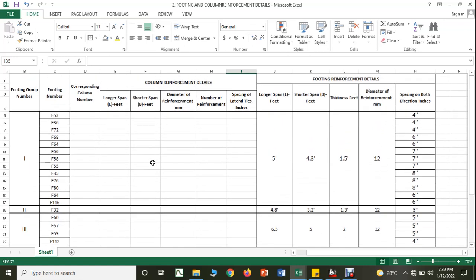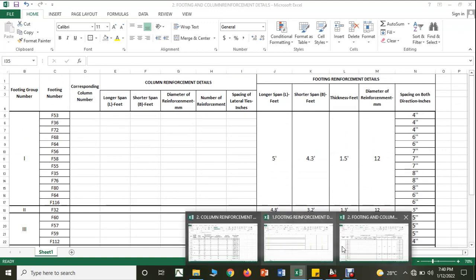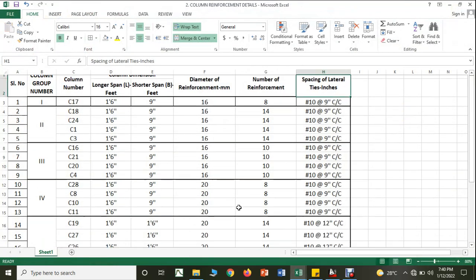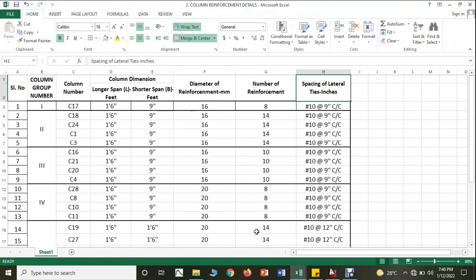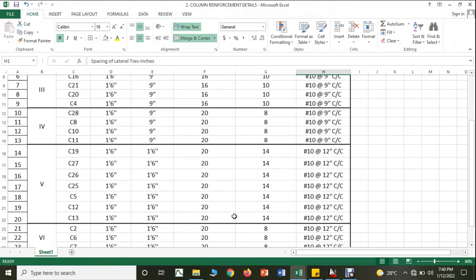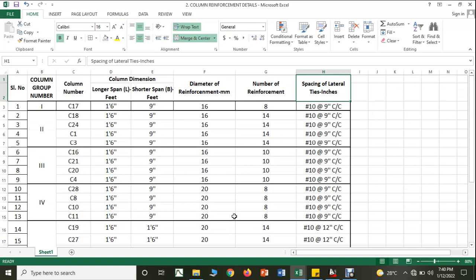Now when it comes to this, we have to see the corresponding column numbers. You can see that we have a corresponding column number also. That corresponding column number we are supposed to search along with the footing, right?